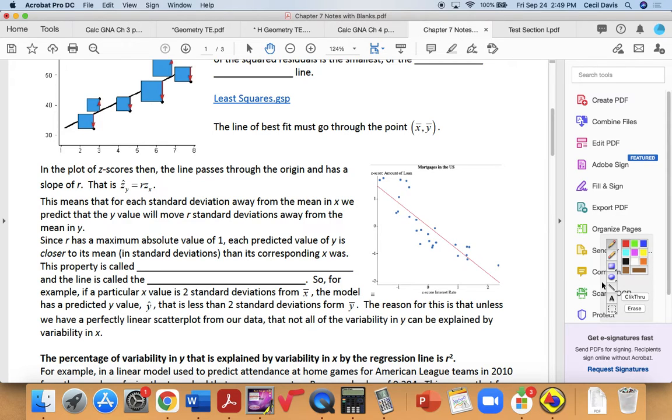So this property is called regression to the mean. Those of you who are into sports have heard this before. They frequently use it the wrong way. And this line is called the regression line.